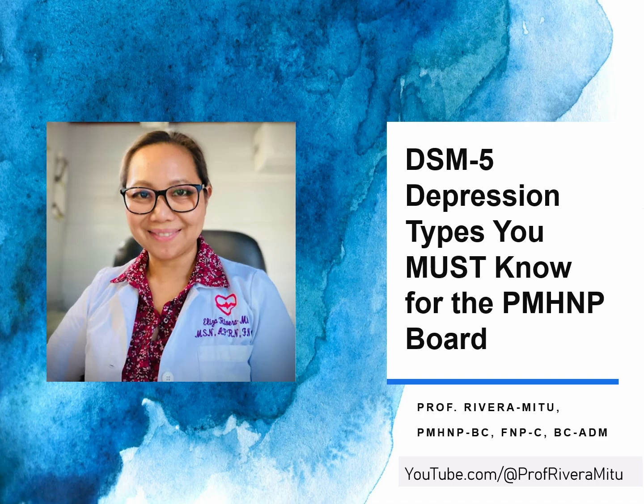Welcome to this overview of depressive disorders according to the DSM-5. In this presentation, we'll break down the different types of depression that clinicians and mental health professionals need to recognize, differentiate, and diagnose accurately. Depression isn't a one-size-fits-all condition.